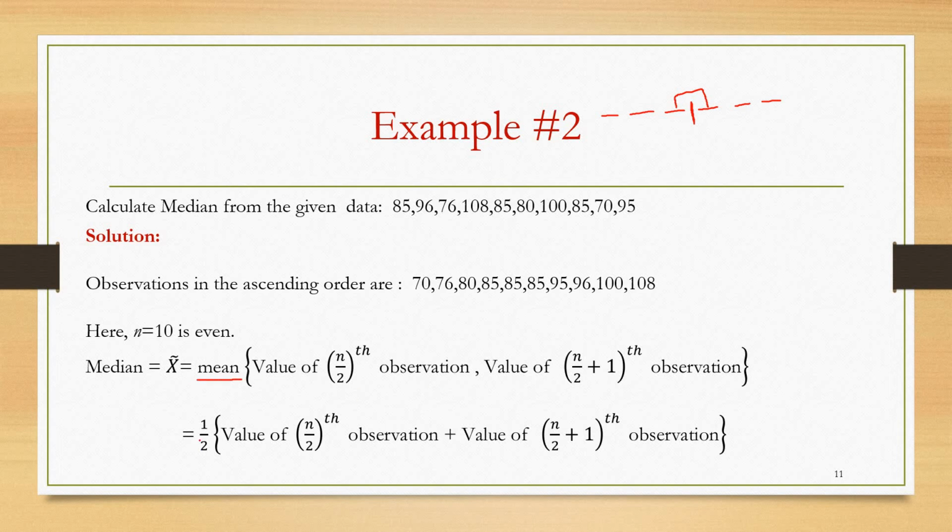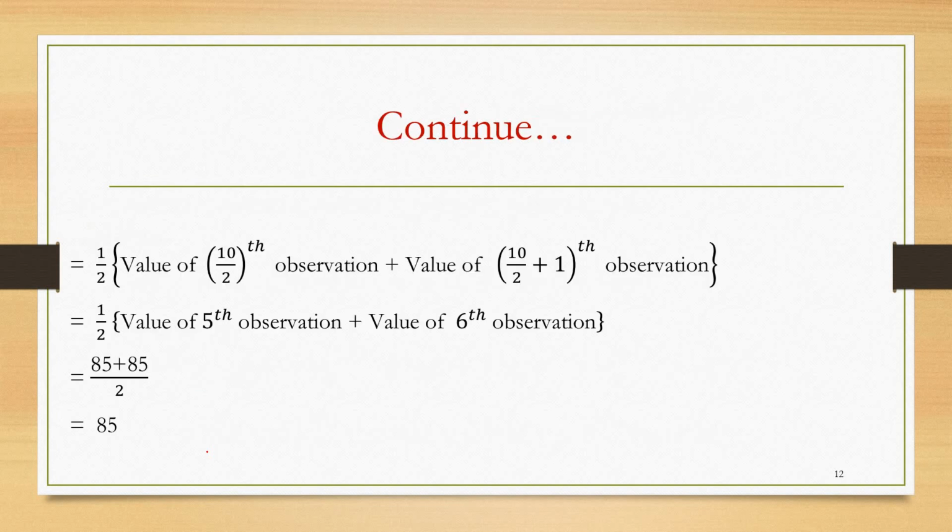We can also write it as 1 by 2 of this value plus this value, because we know mean is sum of observations divided by total number of observations. And then we have to calculate mean of these two. So the number of observations are 2. Sum of observations divided by number of observations. N is 10. 10 by 2, 5th observation. 10 by 2 plus 1.